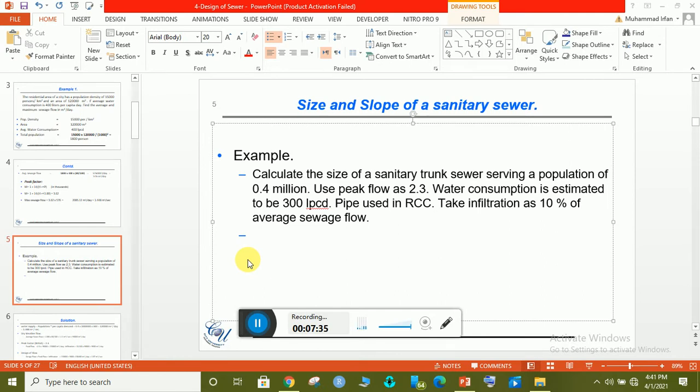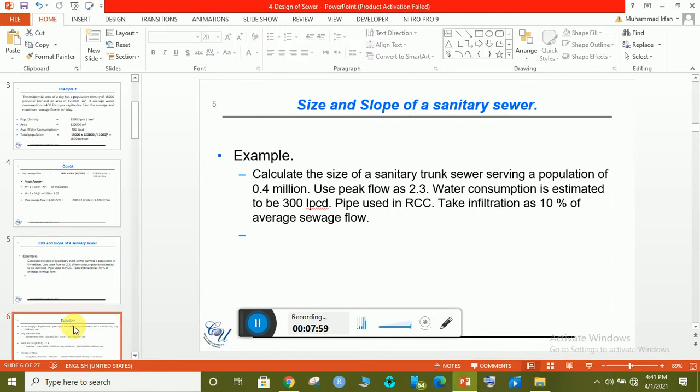There is also some water from the water table that infiltrates into the sewer, which is called infiltration, and we take the value as 10% of the average sewage flow. So you just want to find out the diameter of the trunk sewer.